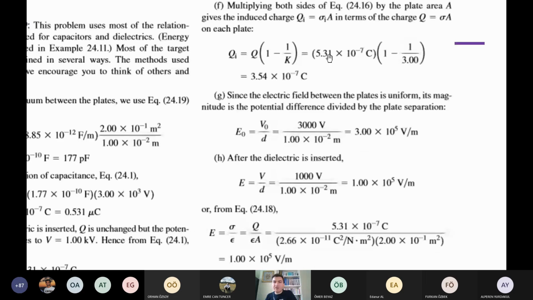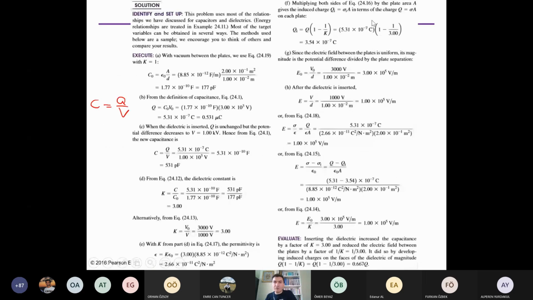Remember the lambda, linear charge density, Q over L. Remember the rho, volume charge density, Q over volume, okay? So just apply this formula here, and Q is required. Qi then can be calculated by using this relation.